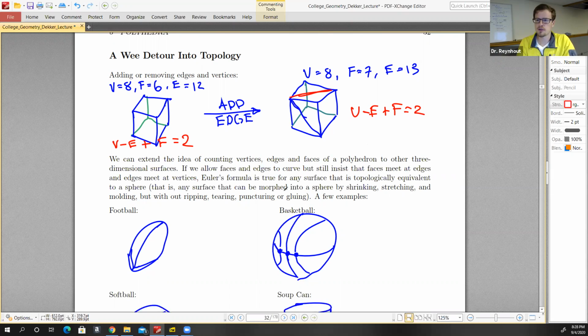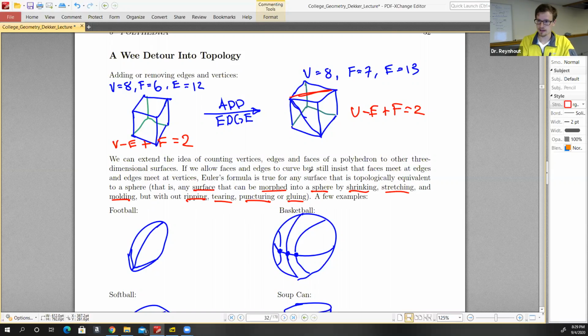Well, two surfaces are topologically equivalent if they can be morphed into the same thing. So topologically equivalent to a sphere means that they can be morphed into a sphere by shrinking, stretching, and molding, so moving it about. But what you can't do is rip, tear, puncture or glue.